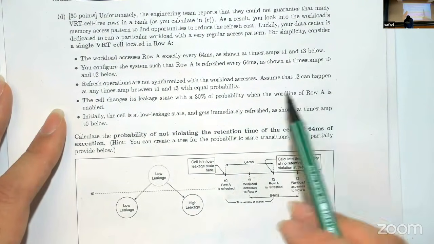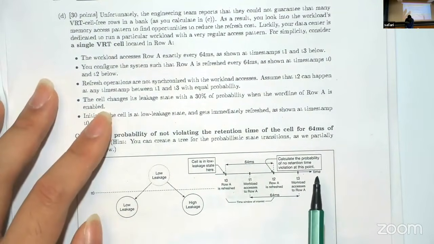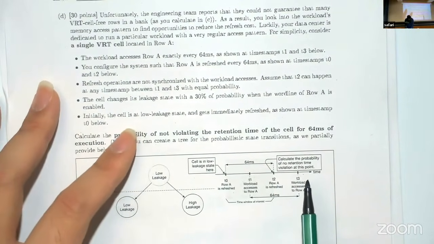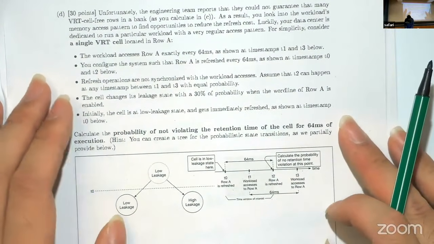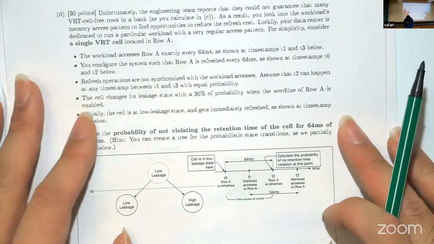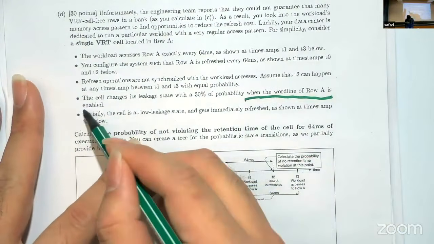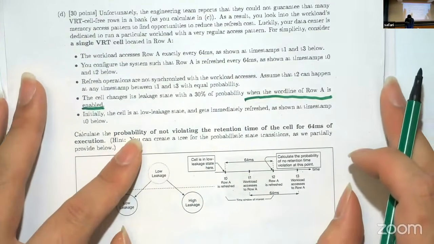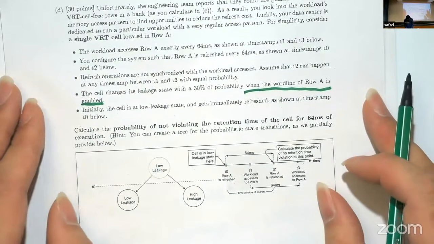This means that T2 can happen at any time between T1 and T3 with equal probability. And the cell will change its leakage state with a 30% probability when the word line of row A is enabled. This is important because as long as the word line of row A is enabled, both activation and refresh can change the leakage state.